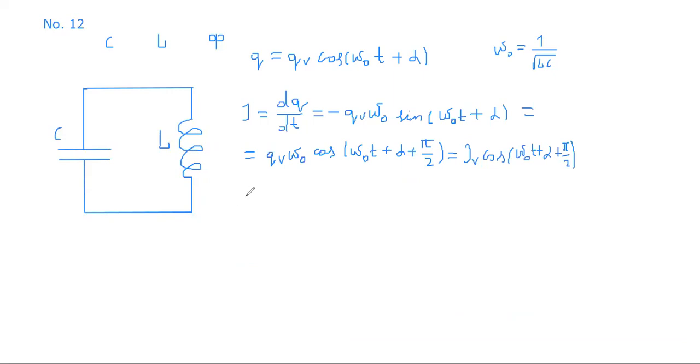For example, can you remember this formula? Cosine of alpha plus beta is equal to cosine alpha cosine beta minus sine alpha sine beta.